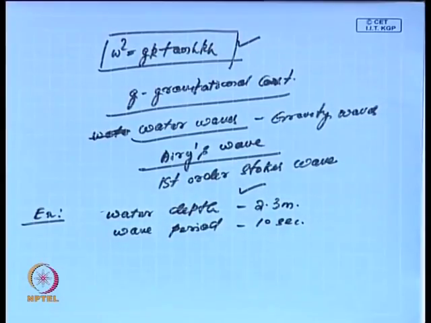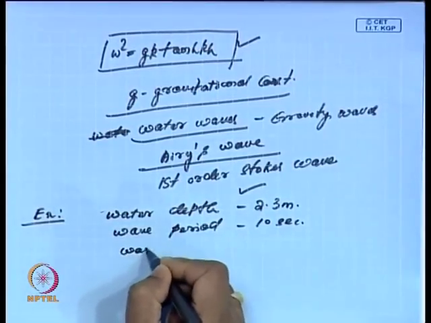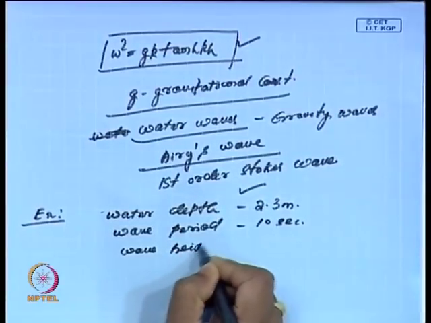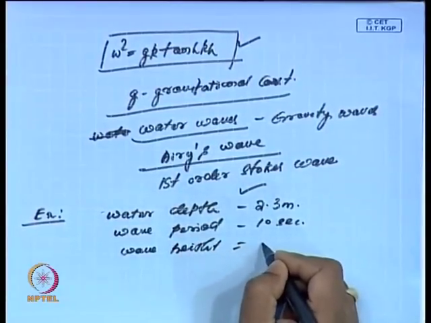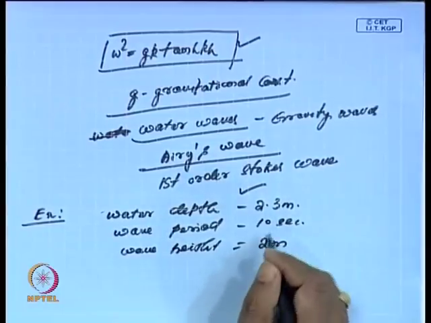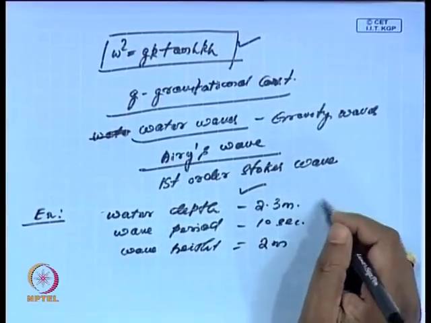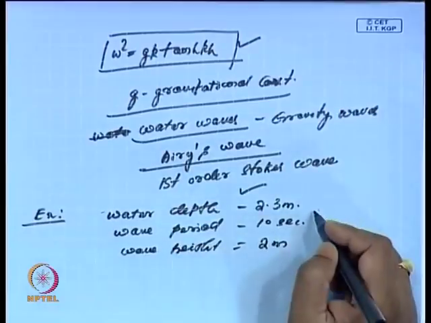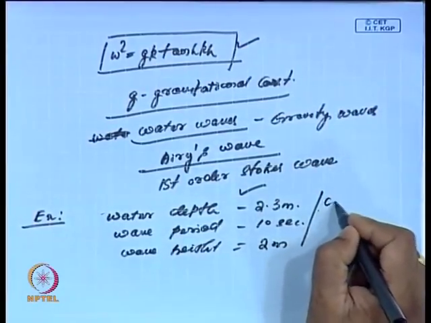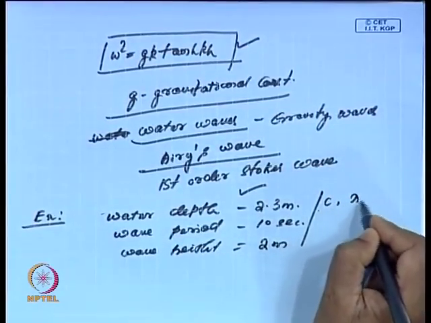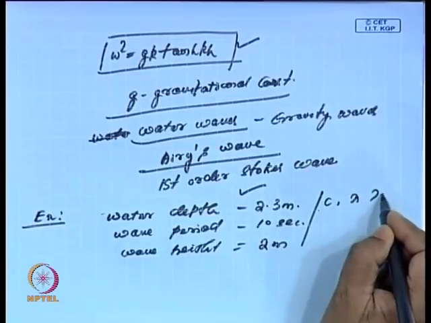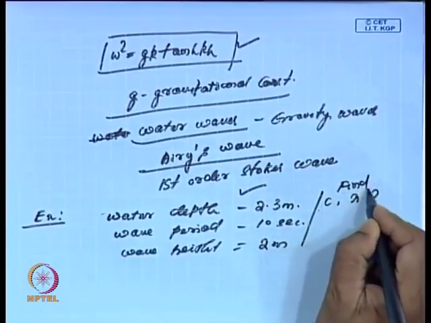And I have a wave height that is 2 meter. If I am asked to calculate the velocity and length, find c and lambda.